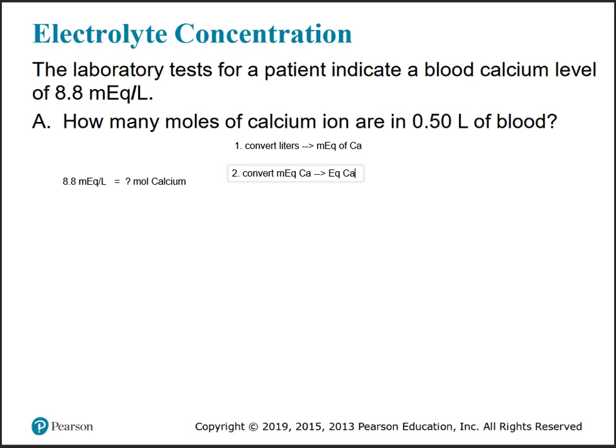We have to get rid of the milli part. The third thing we have to do is convert equivalents of calcium to moles of calcium. And this is where we have to know the charge of a calcium ion.